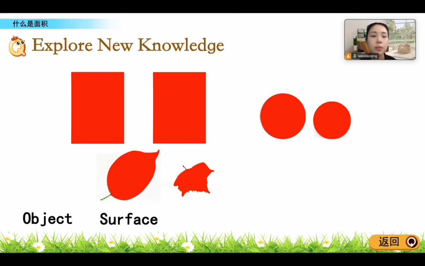The textbook's surface is the largest, and the cone's surface is smaller. Through observation, we can see that the surfaces of objects have different sizes. Today, we will learn about the size of an object's surface area.